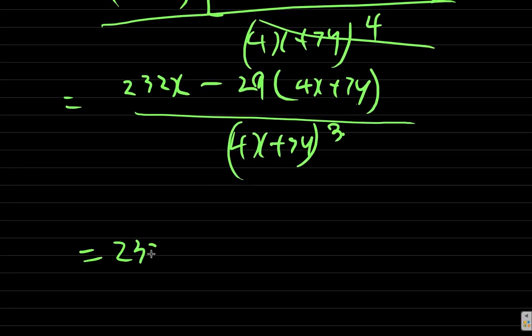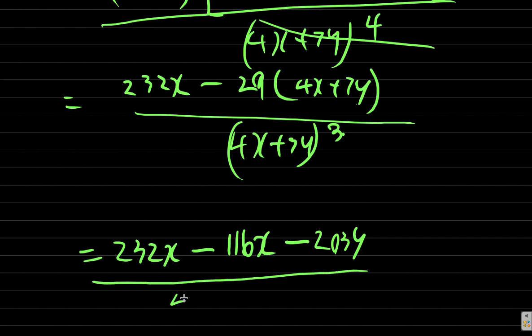This will be 232x minus 29 by 4. 29 times 4 is 116, so it's 116x, minus, and then 29 by 7 is 203, 203y over (4x + 7y) cubed.